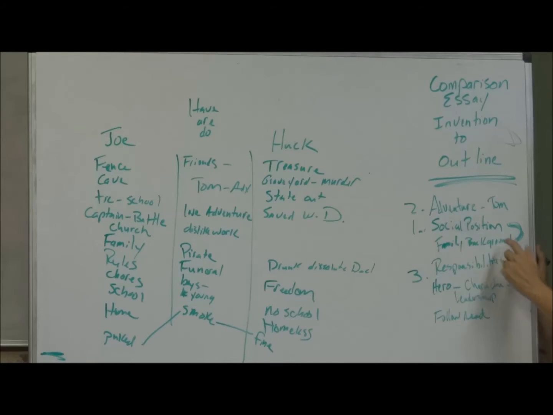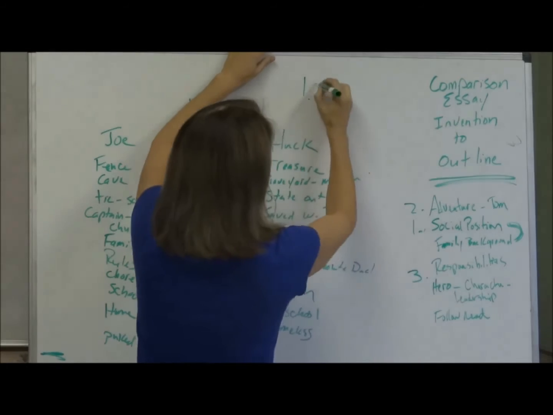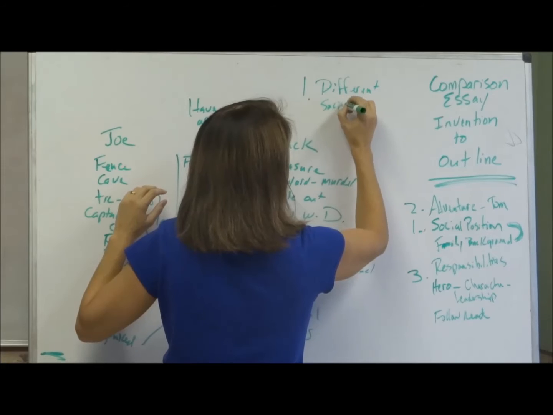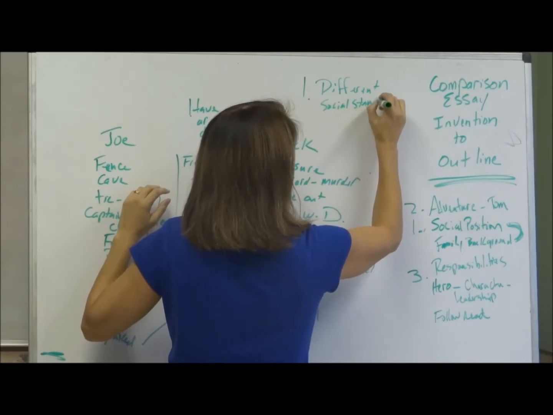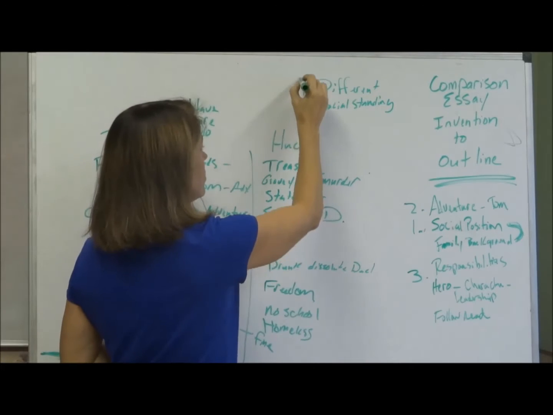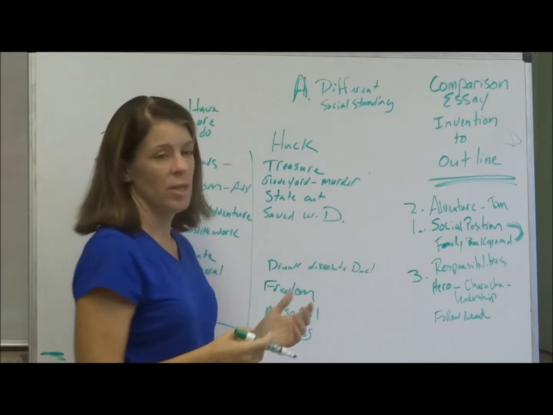So let's sort. If this was truly an outline, what's going to go in this paragraph on social position? We'll name it right here. We'll go 1, different social standing. So that's A, actually. That's my first main theme for a paragraph.